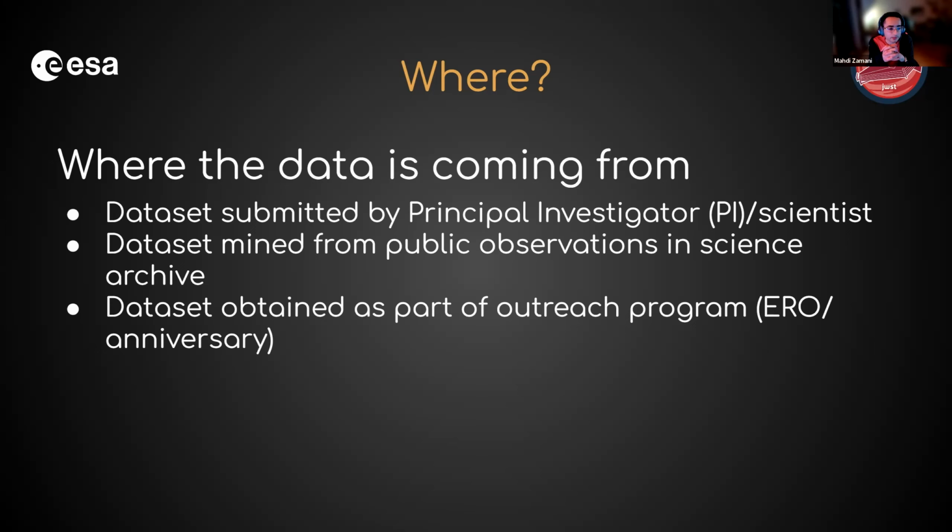And the second option is that we go into the science archives of James Webb, and then try to find observations that are made public. I think around 15%, if I'm not mistaken, of observations in the first cycle of James Webb are already public.